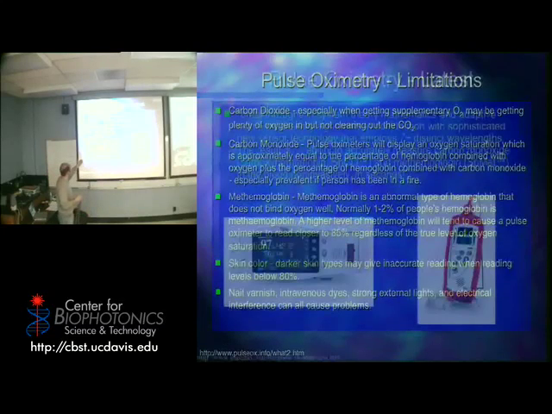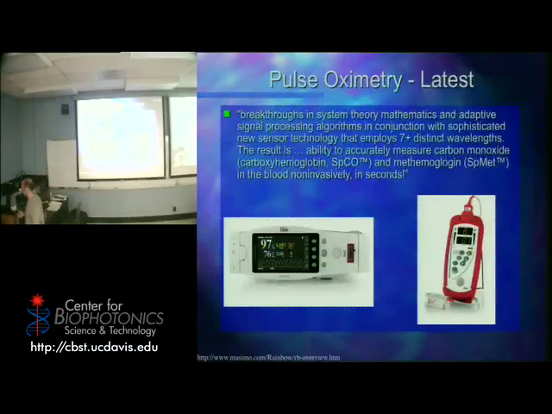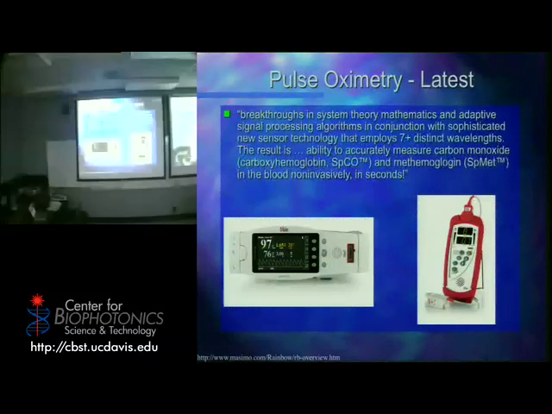So, here it is. That's the latest and greatest, or at least it was a little while back. You can see it's that company. This was their portable unit, and this is their hospital unit. It employs 7+ distinct wavelengths. At some point they don't want to tell you which, because it's their trade secret. But it can accurately measure carbon monoxide and methemoglobin in the blood non-invasively in seconds.